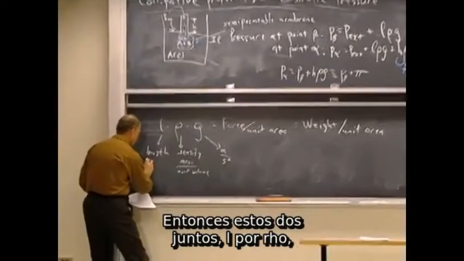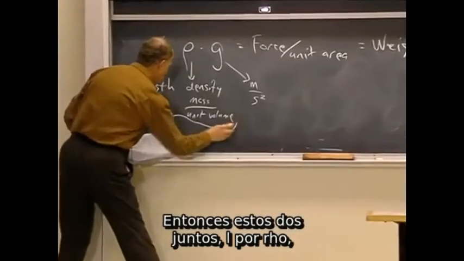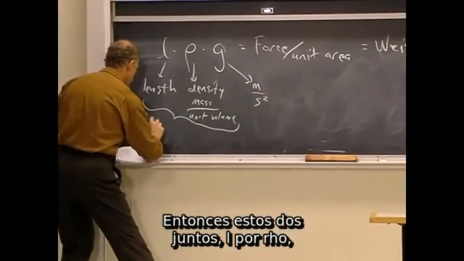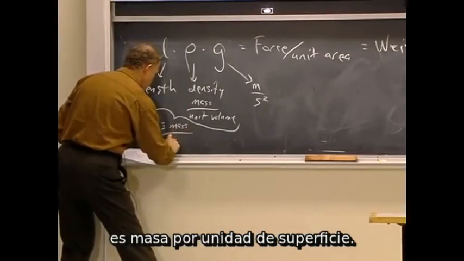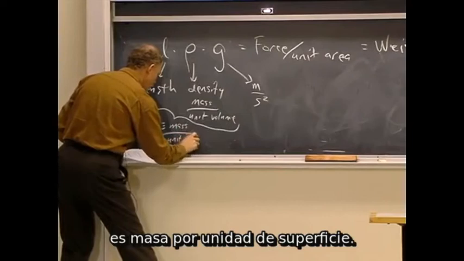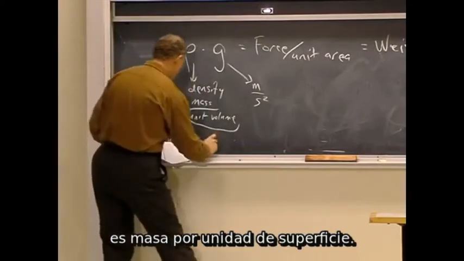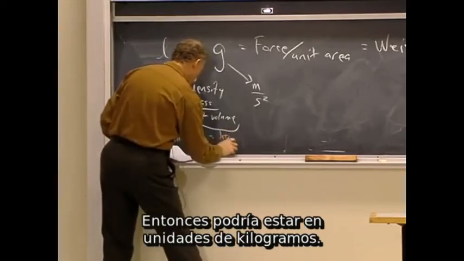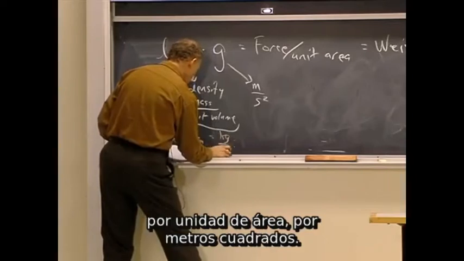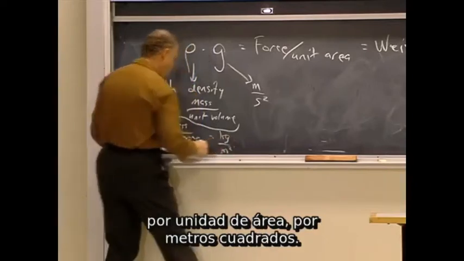So these two together, L times rho, give us mass per unit area, right? So it could be in units of kilograms per meter squared, right?